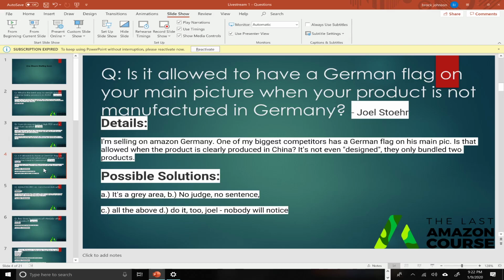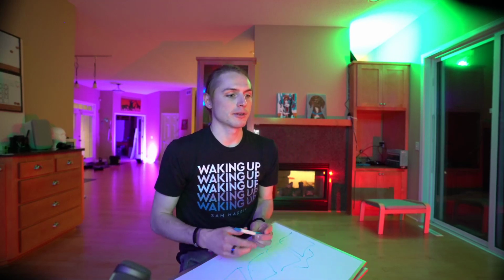Is it allowed to have a German flag on your main picture when your product is not manufactured in Germany? I would say that this is ethically, probably not. This is more of an ethical question than a legal one. In the course, Eric taught us that there are different rules for listings. There are hardcore rules of what you can do for your main image, and then there are soft rules.